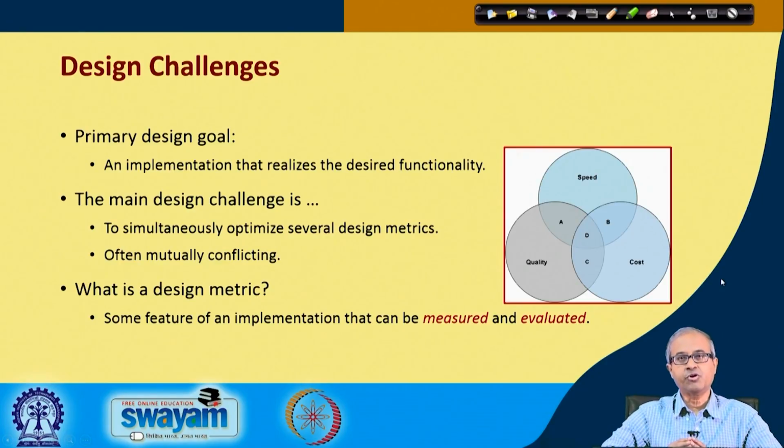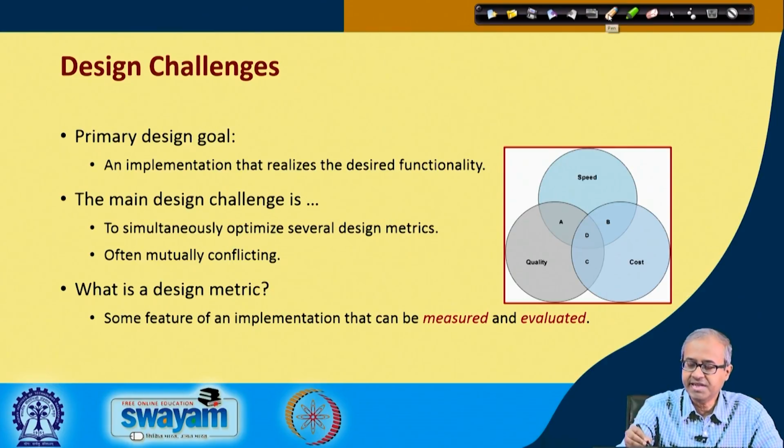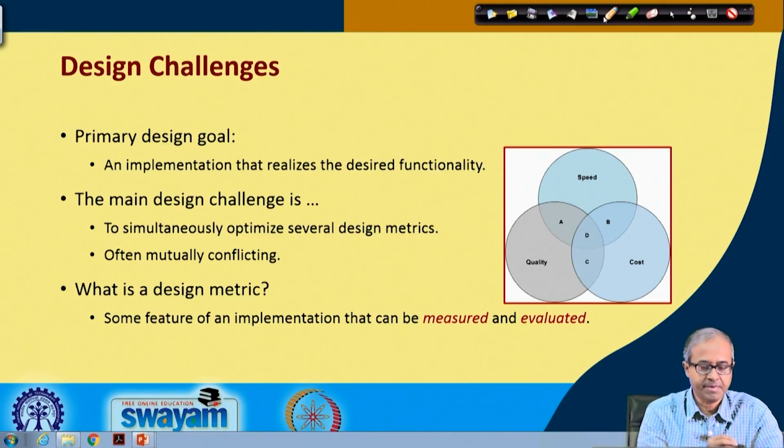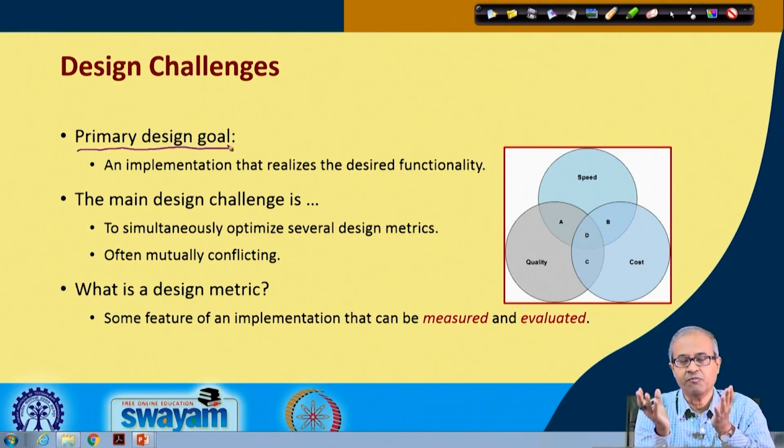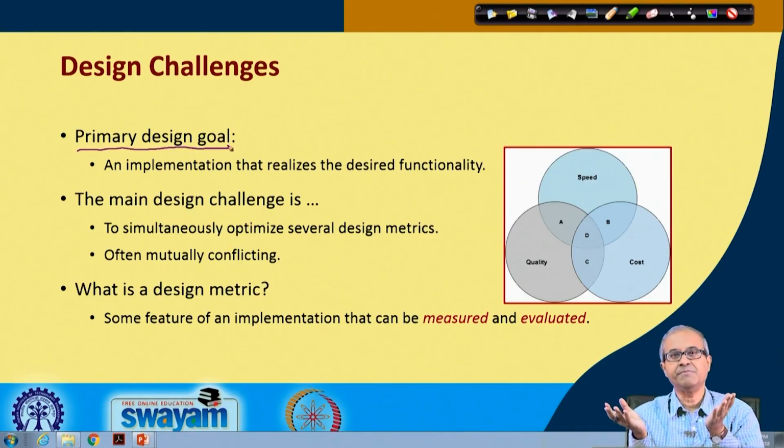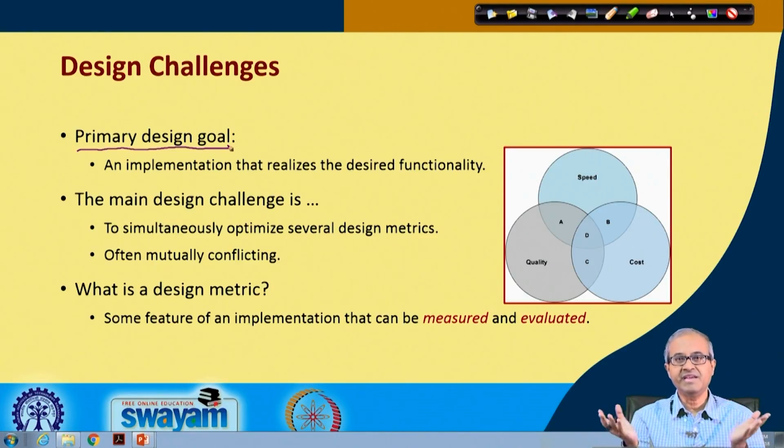Let us look at some issues relating to design challenges first. Now, when you are designing an embedded system, your primary design goal will be, of course, to design a system which realizes the desired functionality. Suppose you are trying to build an embedded system for a washing machine.